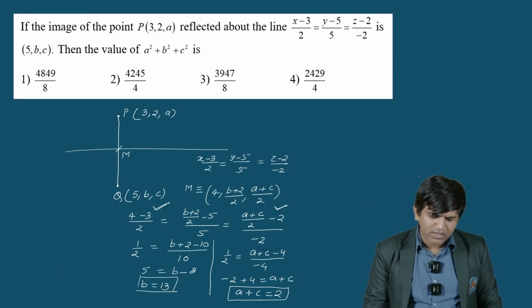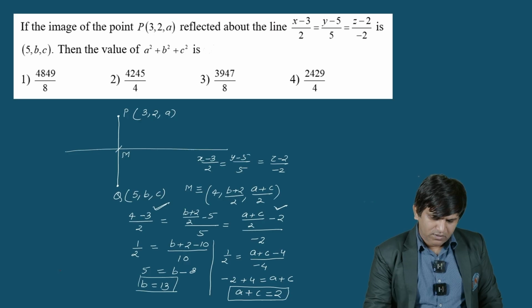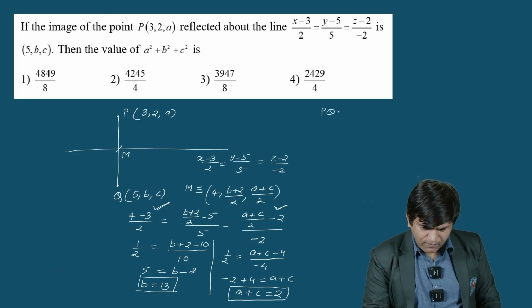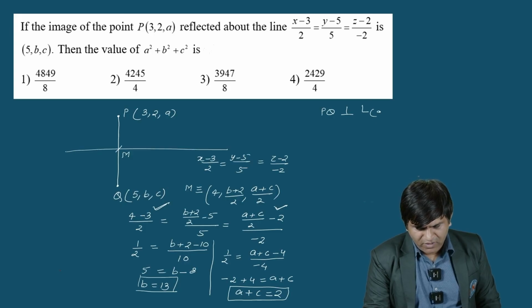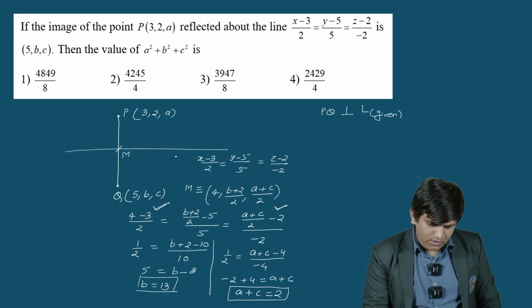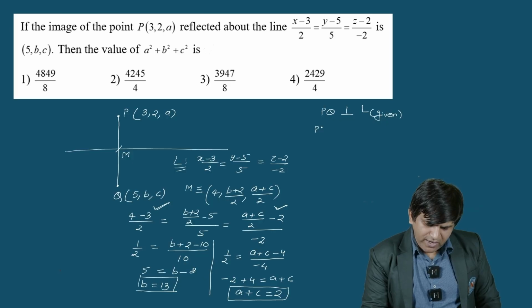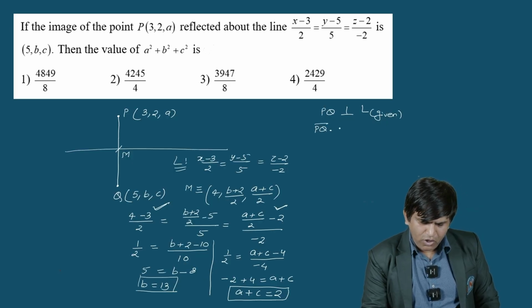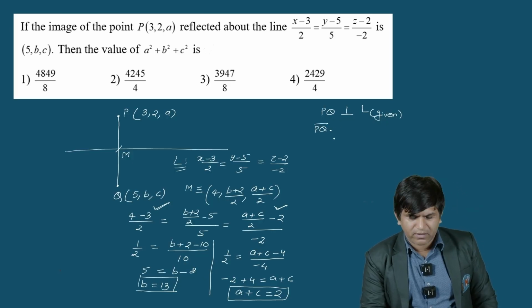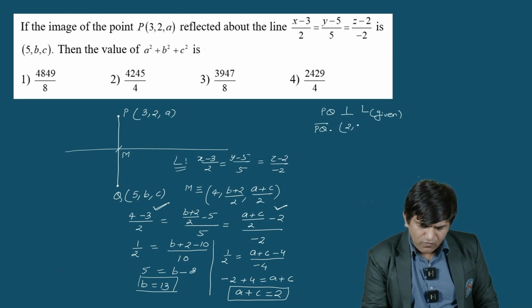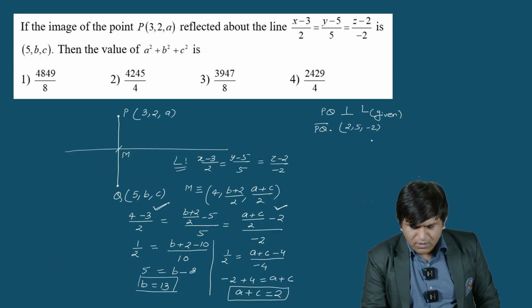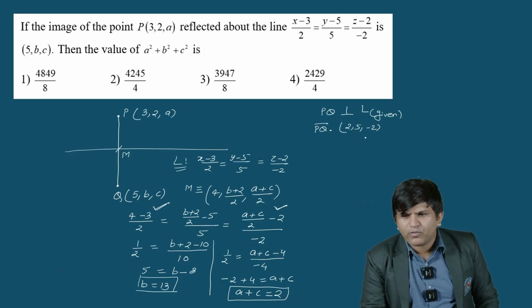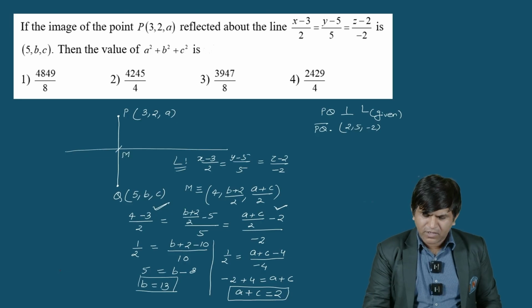Another condition we have is that PQ is perpendicular to the given line, let's say line L. So if we take the PQ vector dot with the direction vector of the line, which is 2, 5, minus 2, basically 2 i cap plus 5 j cap minus 2 k cap, their dot product must be 0.